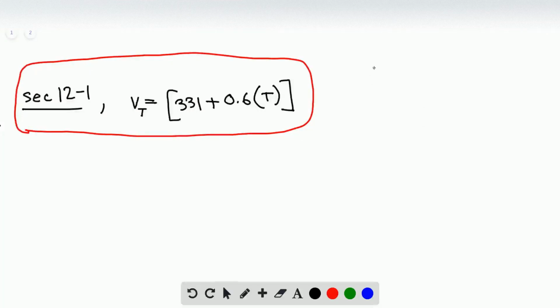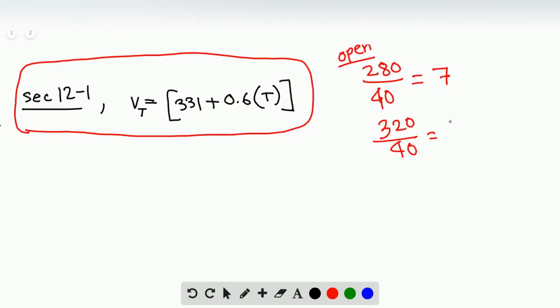Let's divide our frequency by the fundamental frequency. For open, we have 280 hertz, and if we divide that by 40, we get 7, and if we divide 320 by 40, then we get 8.